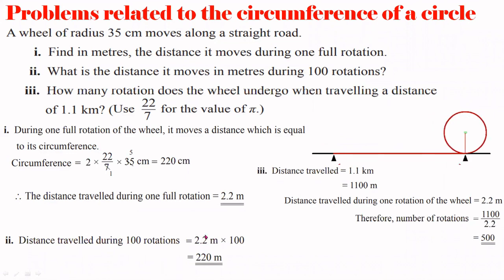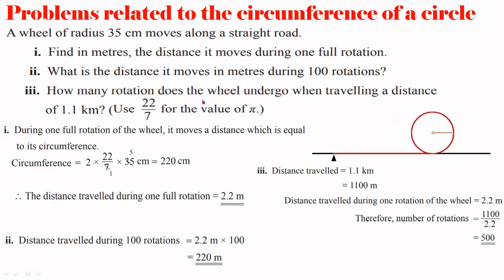Move the decimal place 2 places, then 22, 220. 220 meters. When the wheel rotates 100 times, it moves 220 meters. Can you understand?